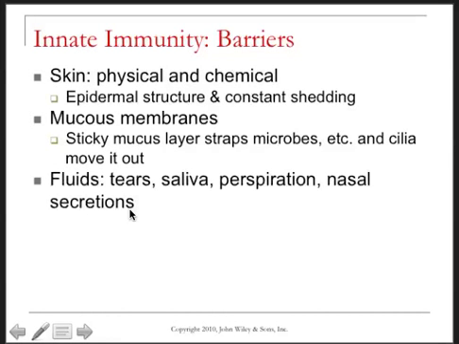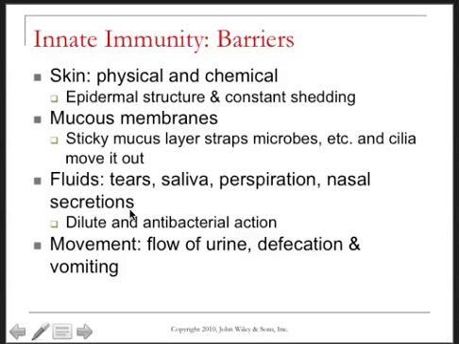There's also fluids that we secrete: tears, saliva, perspiration, and nasal secretions, which dilute the bacteria, and they also have antibacterial activity in them. There's an enzyme called lysozyme in saliva and tears and sweat, which is designed to weaken the cell walls of pathogenic bacteria, and as a result, when they encounter an osmotic shock, they will either shrivel up or burst and become inactivated.